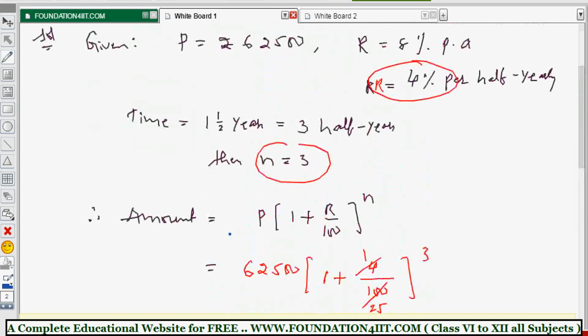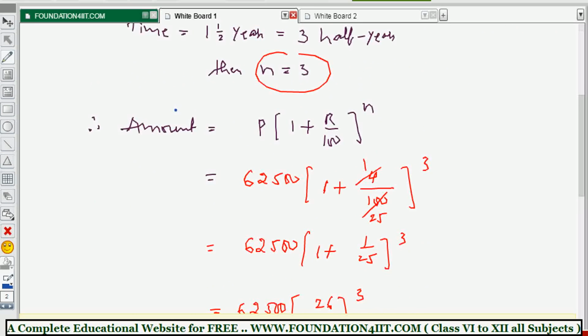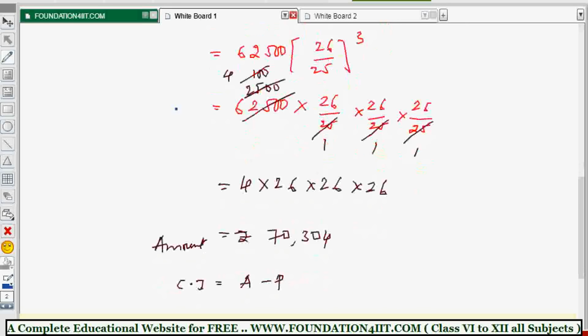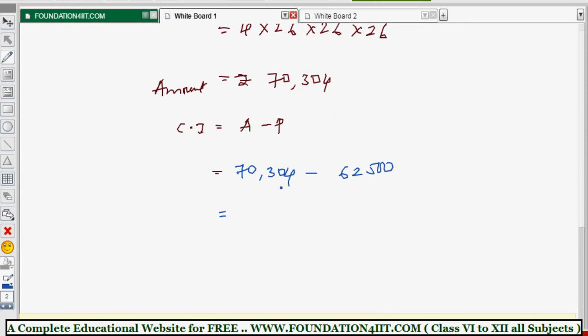If you see on top, principal is given, that is 62,500. So amount minus principal is the compound interest. 70,304 minus 62,500 is, you subtract, rupees 7,804. Therefore, amount is 70,304 and compound interest is rupees 7,804.